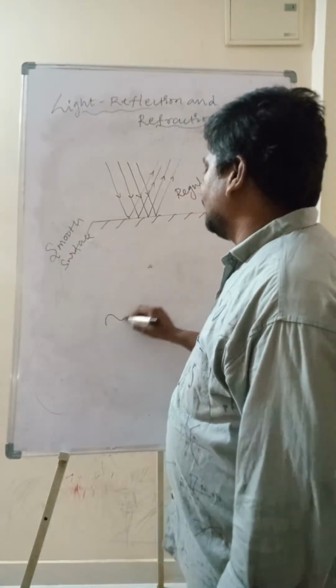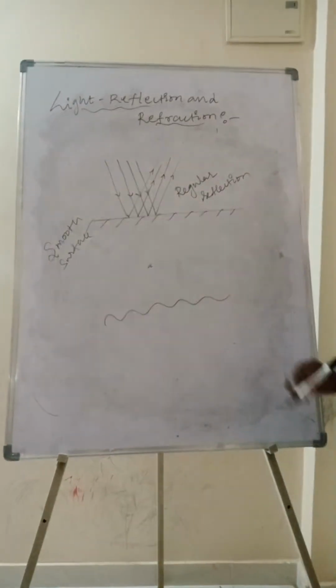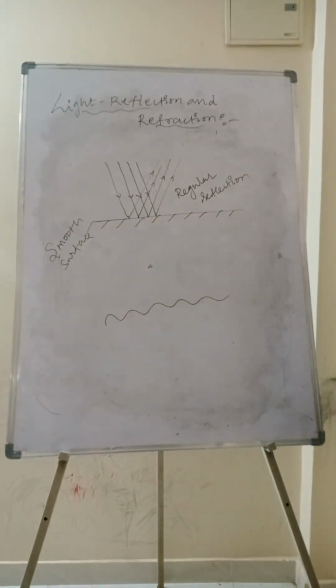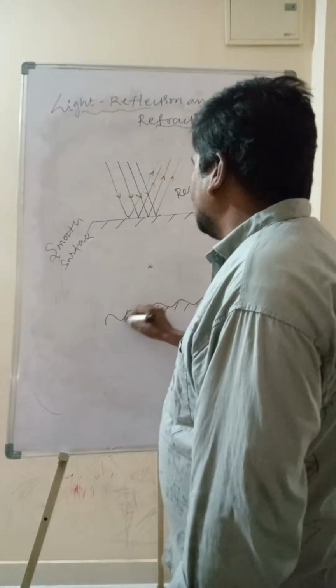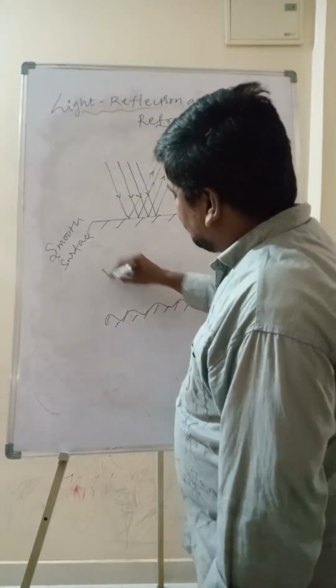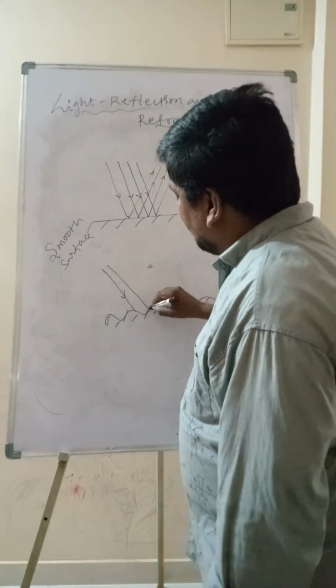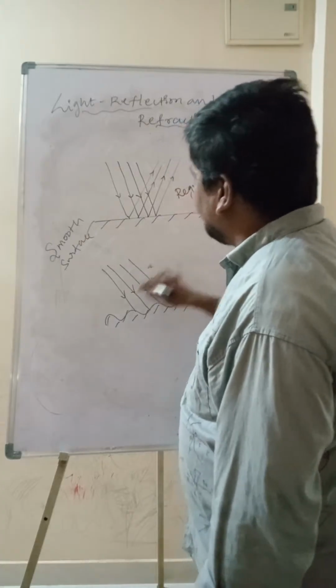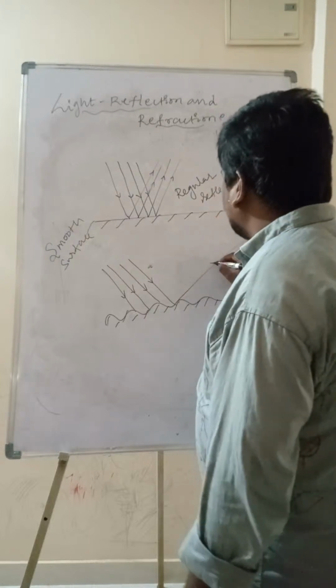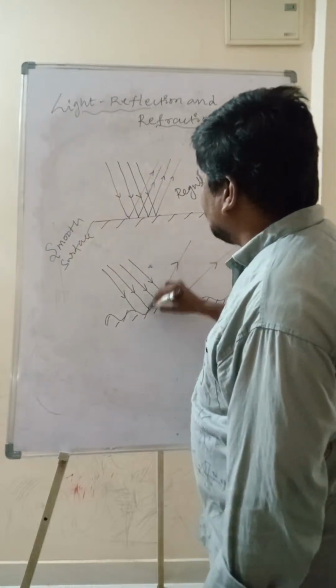Whereas for an irregular surface, I am taking it like this. Here I am considering the incident beam, one light ray and another light ray. The incident beam is parallel, but the reflected light rays are not parallel.